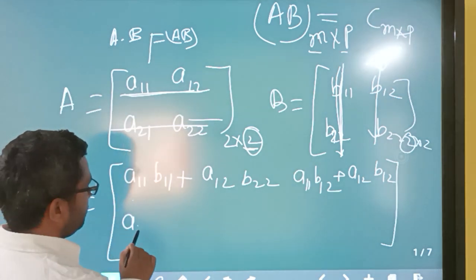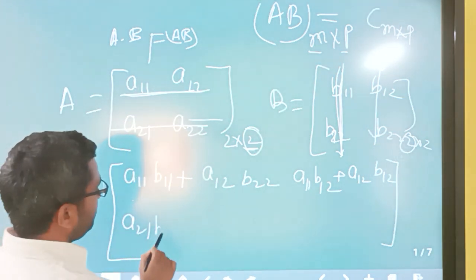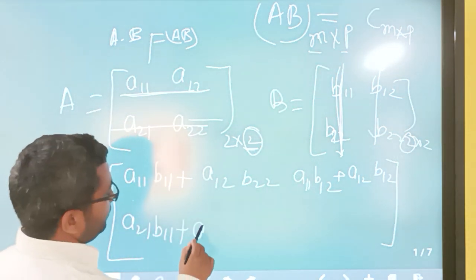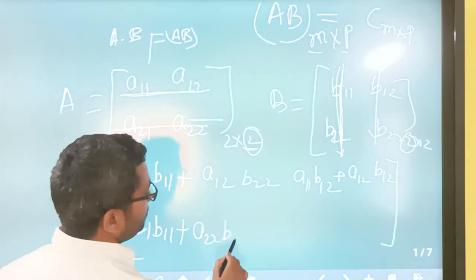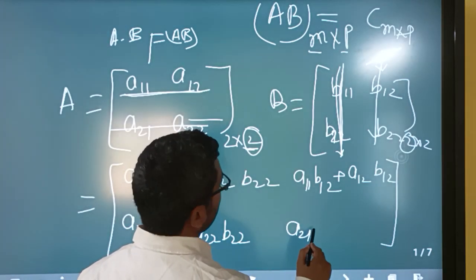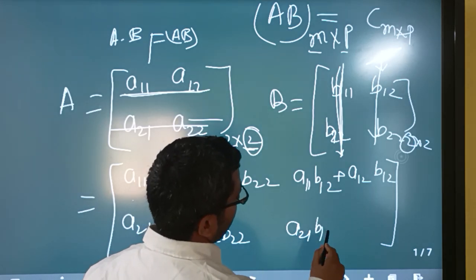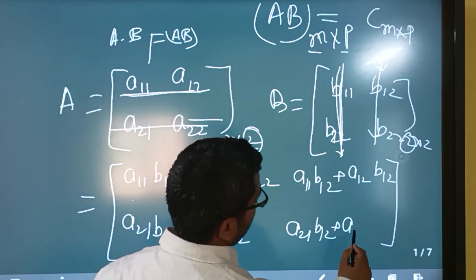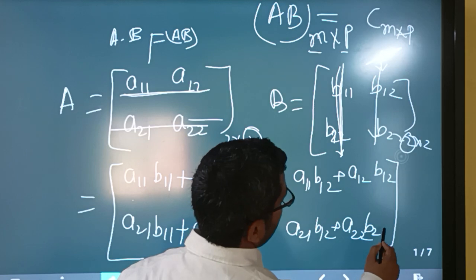So A21 B11 plus A22 B21, and similarly A21 B12 plus A22 B22.